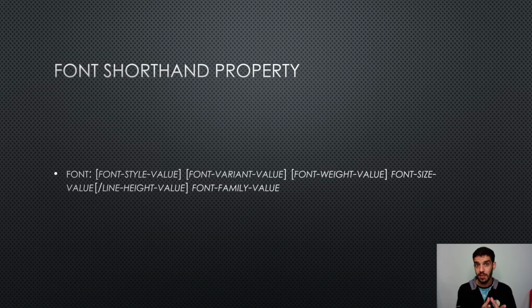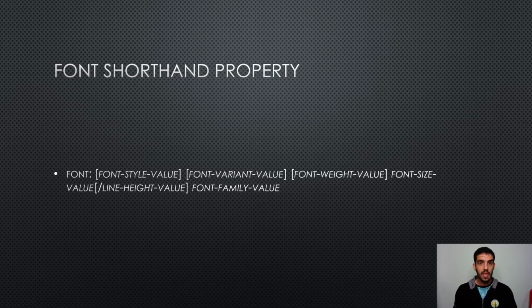So we have font, and that means we are going to specify the properties for font, all properties, okay? And then the first will be the value of font style, and then the value of font variant, the value of font weight, the value of font size, the value of line height. We did not talk about it, but you may go and investigate by yourself, and you are welcome to ask me. And also finally, the font family value. So it has to be in this sequence.